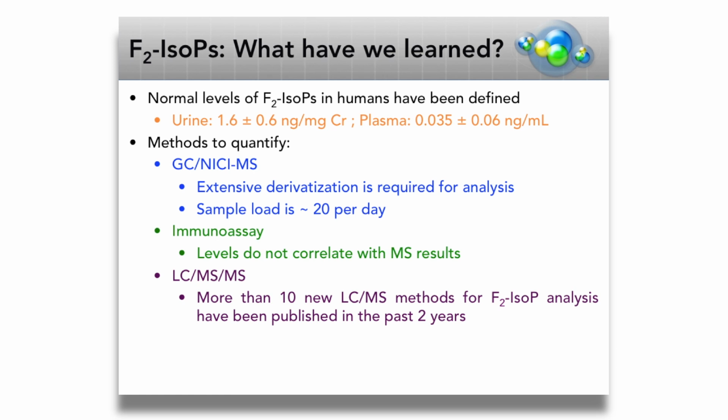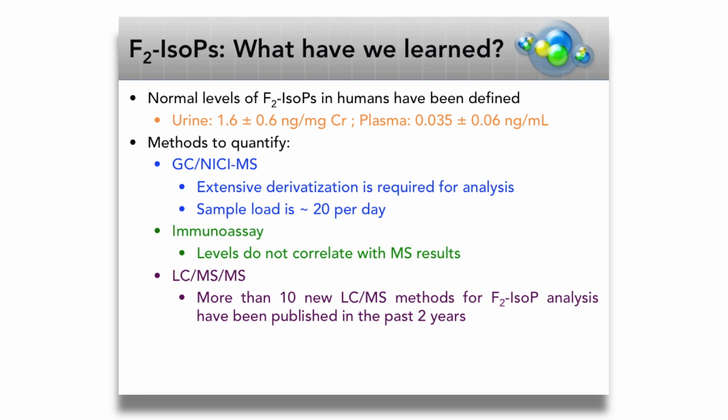Now, importantly, in the past 2 to 3 years, there have been more than a dozen LCMS methods for F2 isoprostane analysis generated in the literature. And these are just method papers, not papers using mass spectrometry to quantify these as biomarkers, just simply method papers.